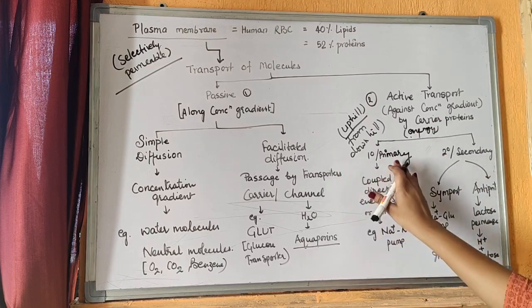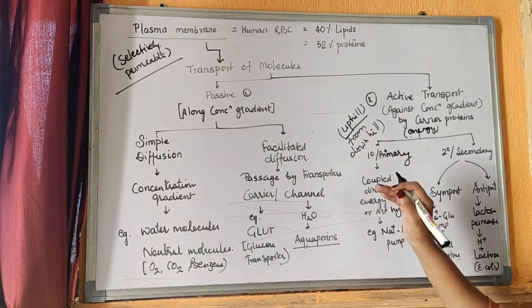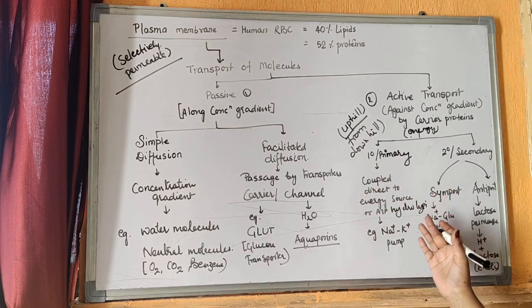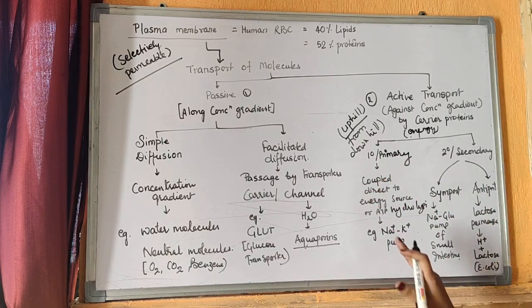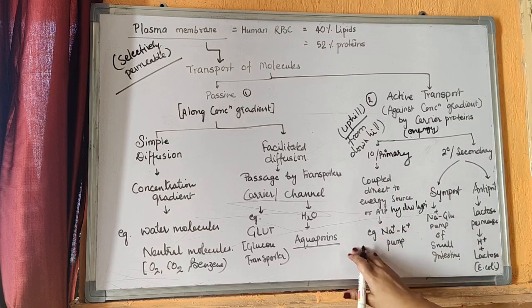Primary active transport is the transport where the molecules transported from one side of the plasma membrane to the other are directly coupled to the energy source, that is ATP hydrolysis, and the example is the sodium and potassium pump.